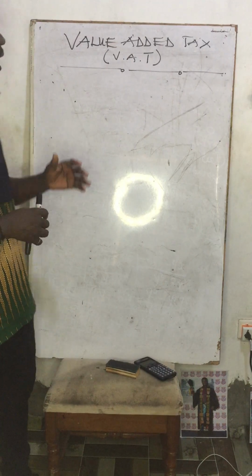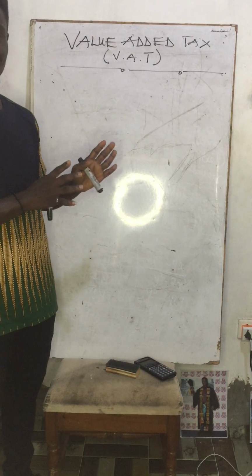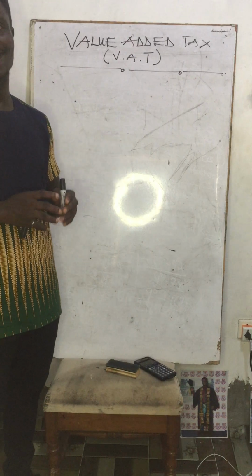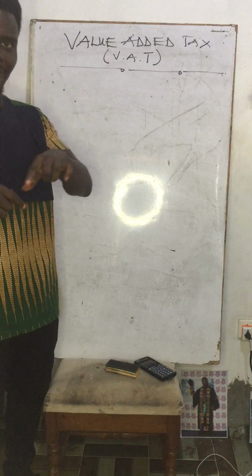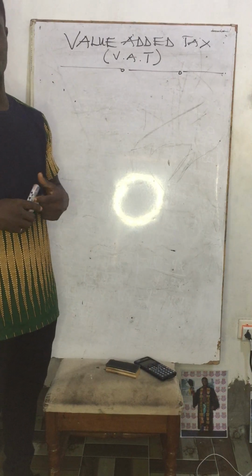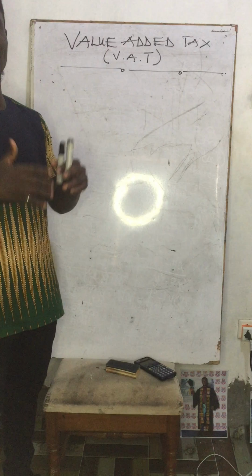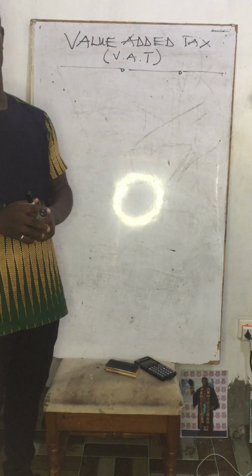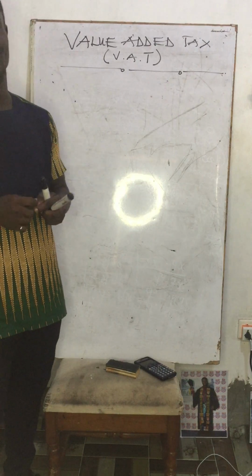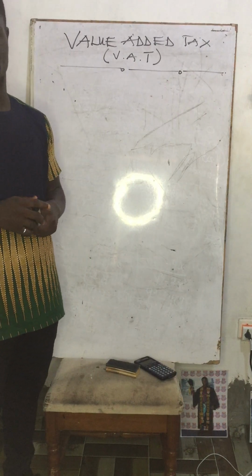Services. So now VAT, that's the value added tax, is an indirect tax because we never see the amount charged on that goods and services. We have another tax, which is the income tax calculation, and that one is the direct tax because you will see the amount charged on that.